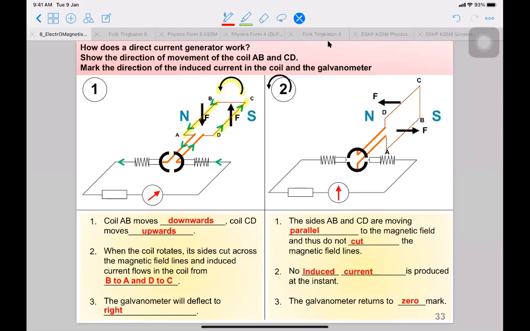Kamu tahu apa silap dia? Coba kamu tengok. Kalau kamu guna itu your Fleming's right hand rule kan. Okay, the direction of the induced current is correct from B to A, and then balik pi sana D to C. Even the rotation or direction of the movement of the coil is correct, anti-clockwise. Tapi apa yang salah di sini?